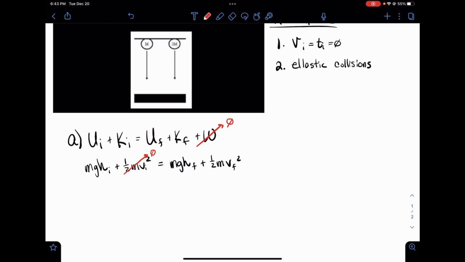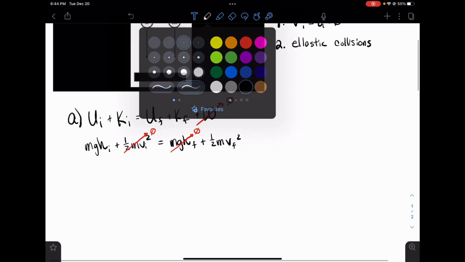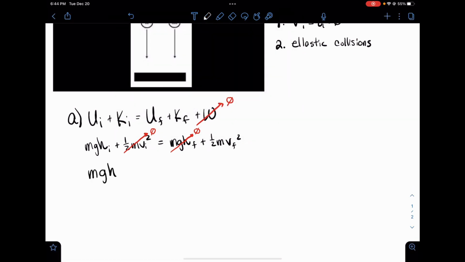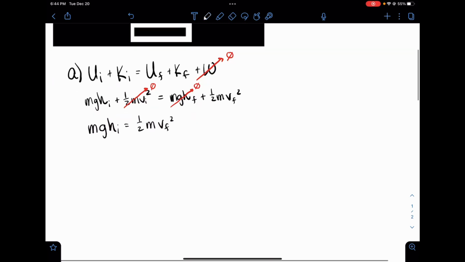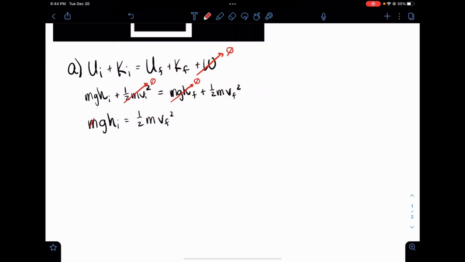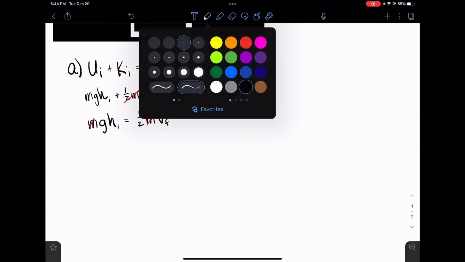And then we're going to let this third component go to 0 as well, because our final height is going to be 0 the instant these balls hit the ground. So that leaves us with mass times acceleration due to gravity times our initial height equals 1/2 mv final squared. And if you can see here, mass is going to cancel out.